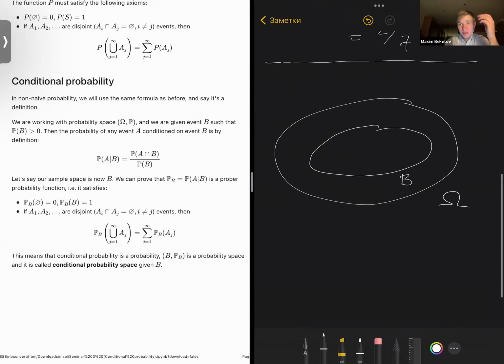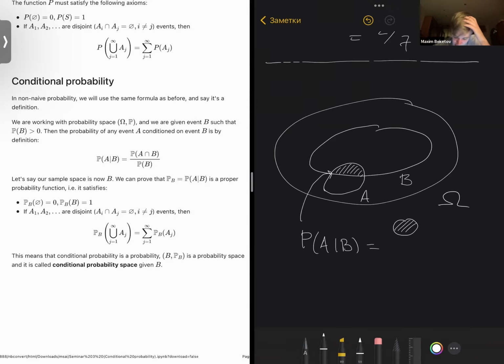Since B could be smaller than omega, but not an empty set, because its probability is positive, you can work with probabilities of events conditioned by B. So if you have some event A, the probability of A given B is the ratio of this area to the area of B, right?